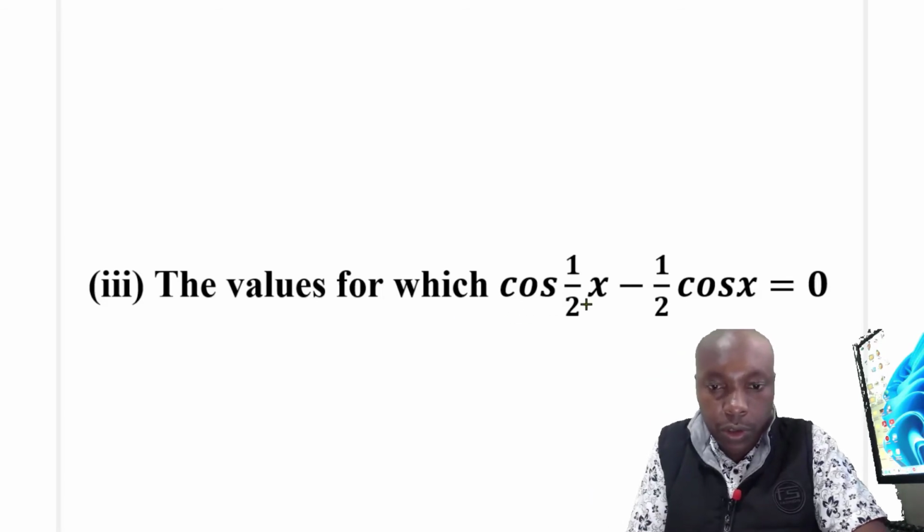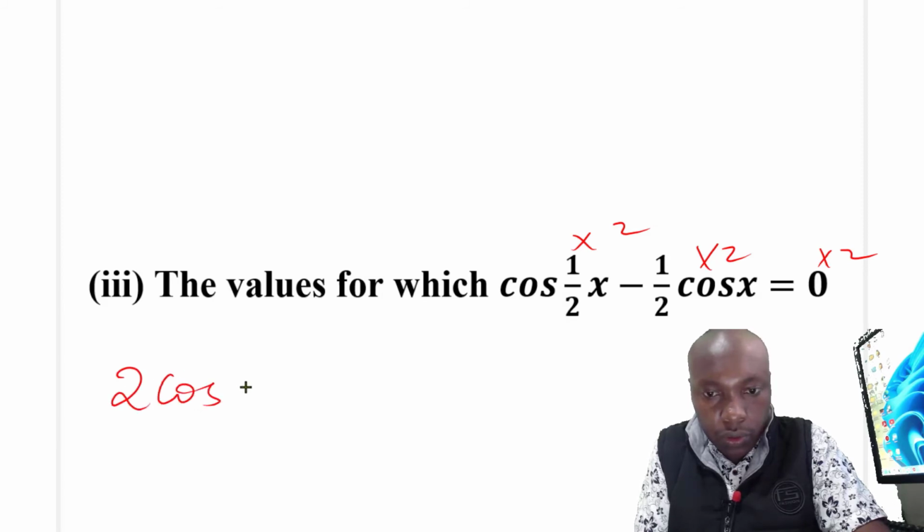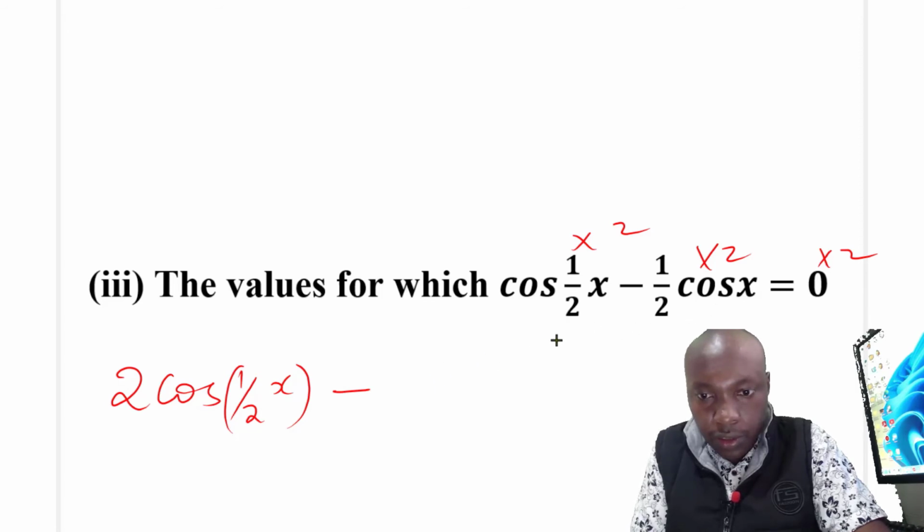If you multiply every term by 2, you'll get 2 cos half x minus cos x equals 0.